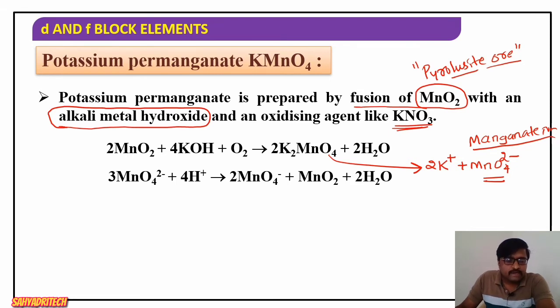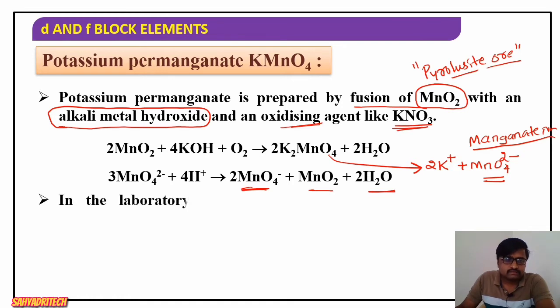So that manganate ion, on treating with oxidizing agents, on acidification, gets converted into what? Manganate ion will be converted into permanganate. MnO4 2 minus gets converted into MnO4 minus and MnO2 plus 2H2O, right?